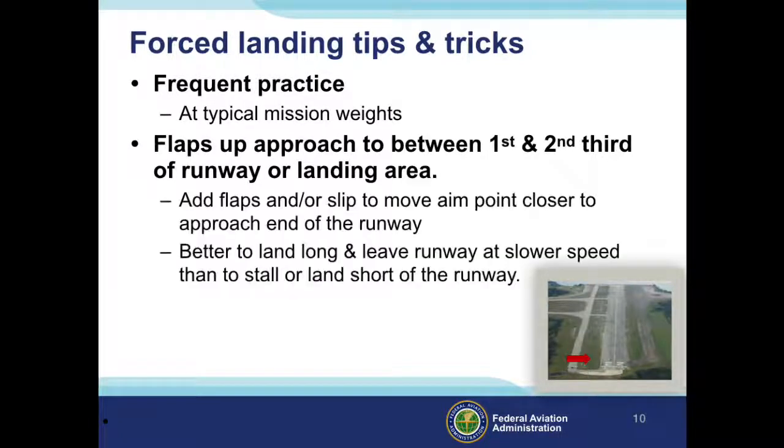As they see they can make the initial spot, they'll add flaps and perhaps slip the airplane to move the aiming spot to the first third of the landing runway. This is done to reduce the chance of landing short or a final approach stall while trying to stretch the glide to the runway. Even if the landing is so long it results in an overrun, it's usually better to land long and leave the runway at a slower speed than to stall or land short of the runway.